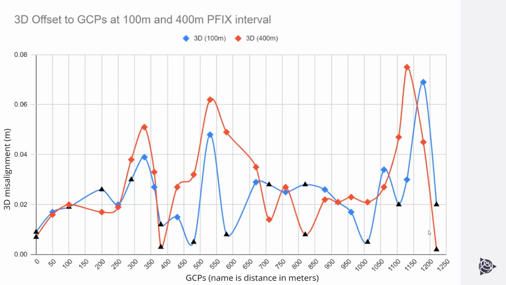But if you consider the time you need to measure a GCP every 50 meters compared to measuring one, for example, every 200 meters, you can save quite a lot of time if you just measure a couple of them and if you're happy with the results after that.